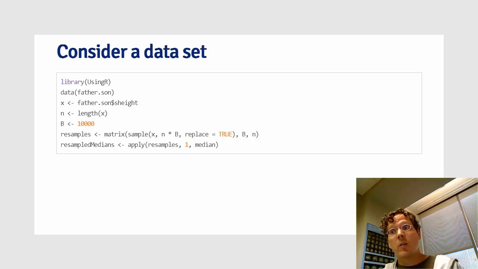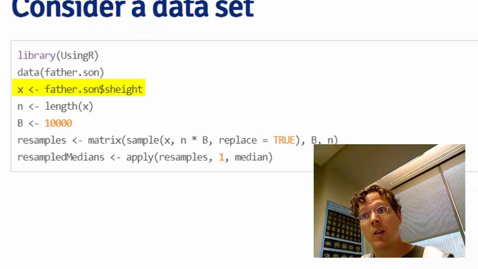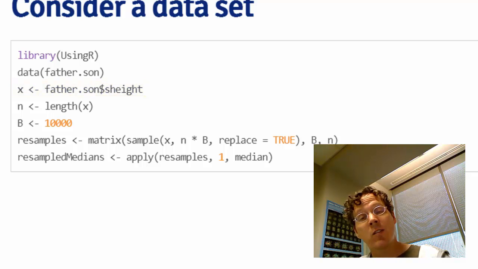So we'll go through some examples now with less contrived settings than this die roll example. So let's consider the library using R and then the father.son data. And just to make my life a little bit easier, I'm going to define X here as the son's height, just so I don't have to keep referring to the data frame. Let's let N be the number of observations, and then I'm going to do 10,000 bootstrap resamples.